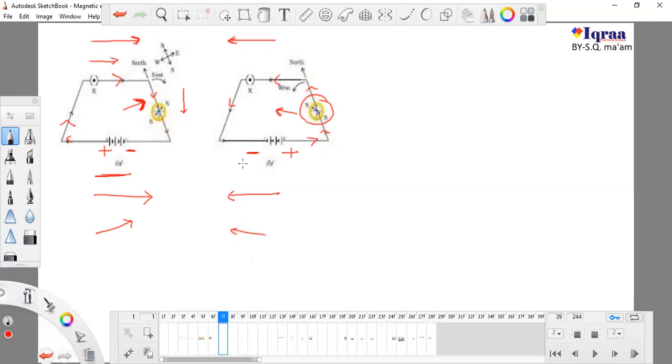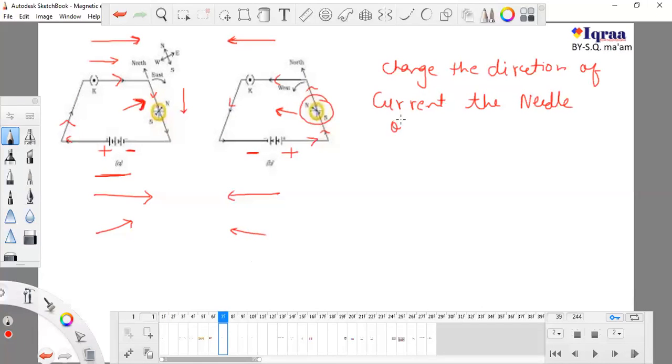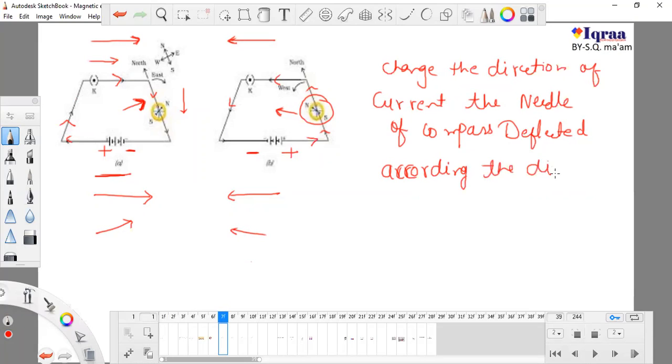So this is how we can say that each and every time when we change the direction of current, the needle of the compass is deflected according to the changed direction of the current.